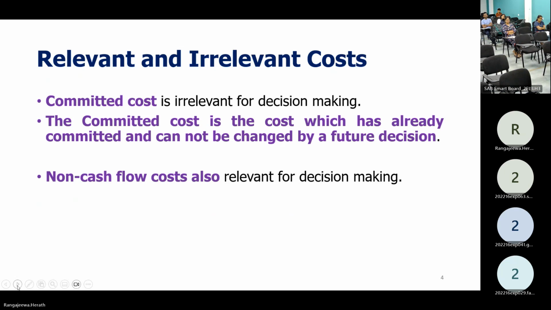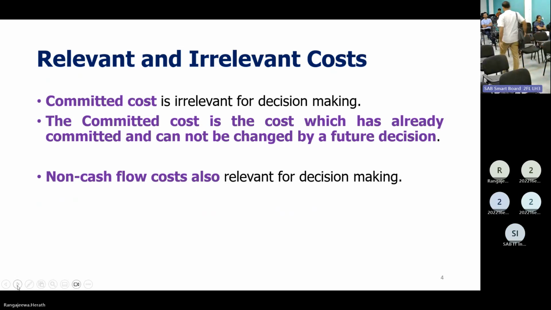Then it is not only the cash flows that are relevant for the decision makers. Non-cash flow is also relevant for the decision. Example: you take even opportunity cost, because sometimes there is no cash flow involved.